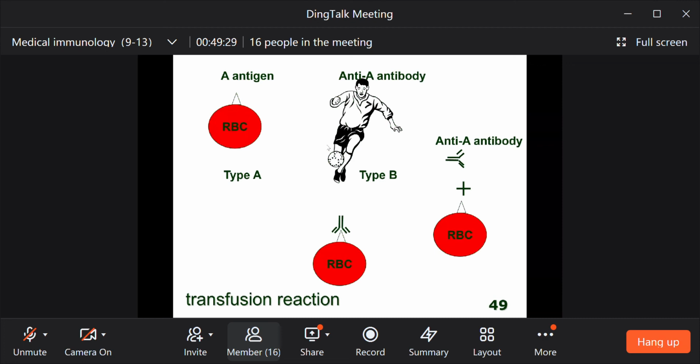As a result, a transfusion reaction will happen. Maybe the A person will die. It's very serious. So different blood types cannot be injected into each other.